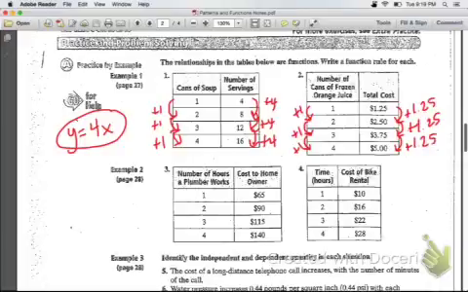Okay, so 1 times $1.25 is $1.25. 2 times $1.25 is $2.50. 3 times $1.25. So our function rule could be y is equal to 1.25x. Okay.